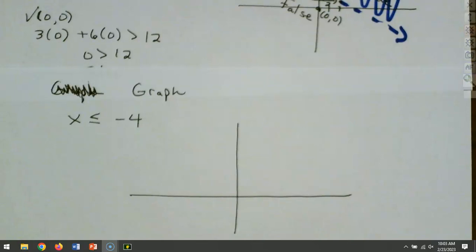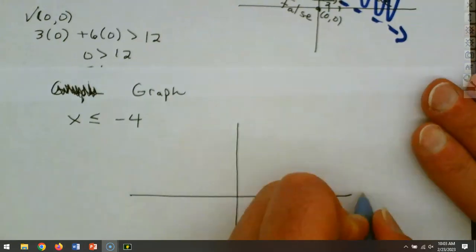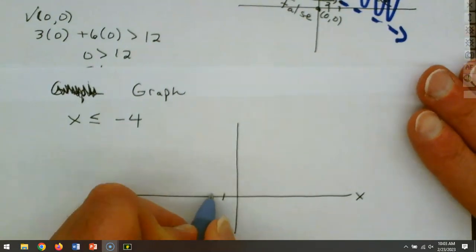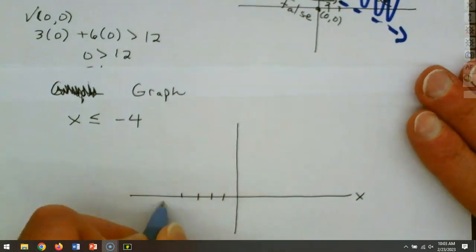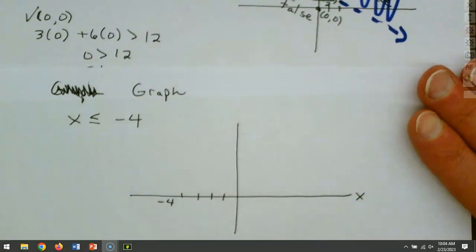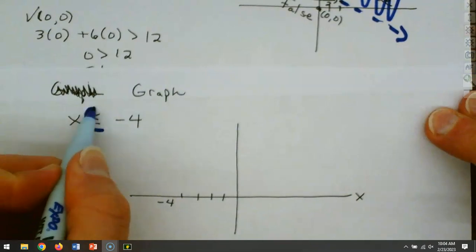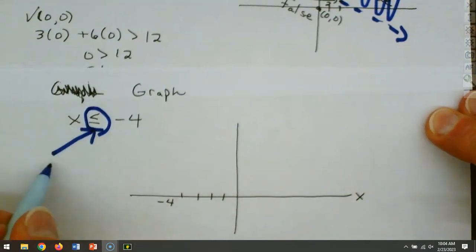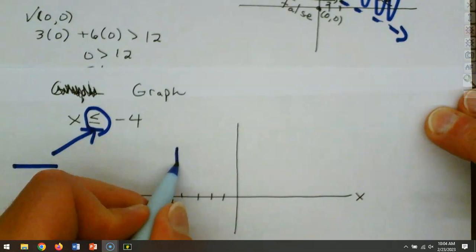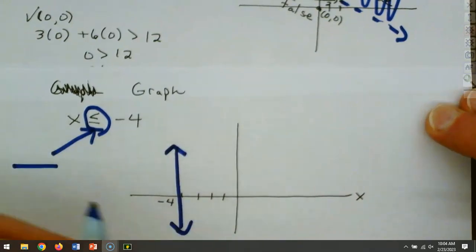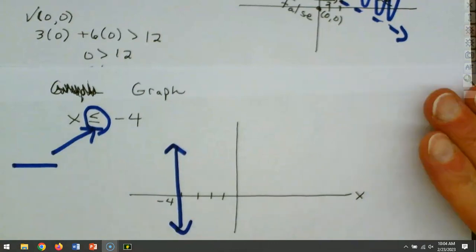What would that look like? Well, it crosses the x-axis. And here's your x-axis. So that's back 1, 2, 3, 4. And that means it's going to be a vertical line. And because of the equal part, it's going to be a solid line. So that's going to be a solid vertical line, just like this.